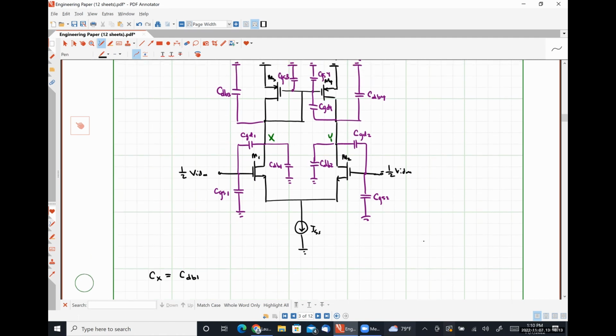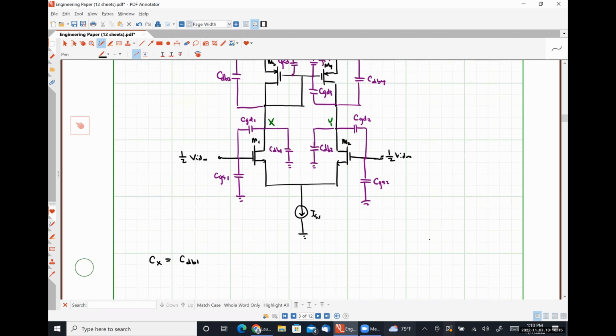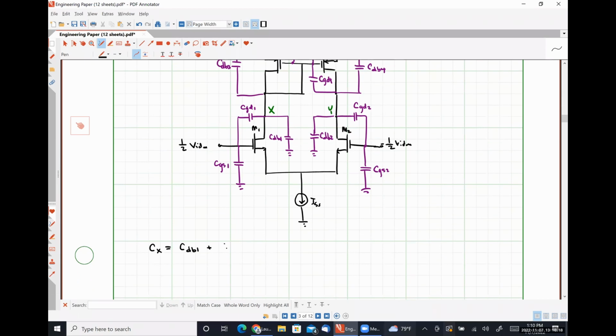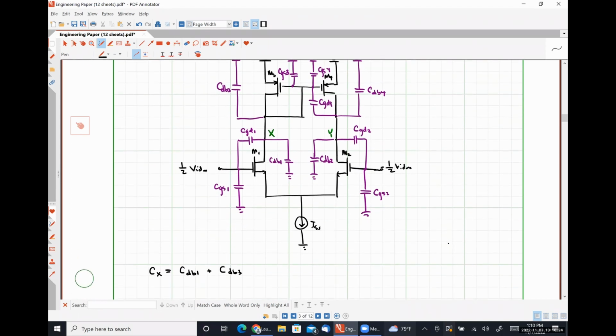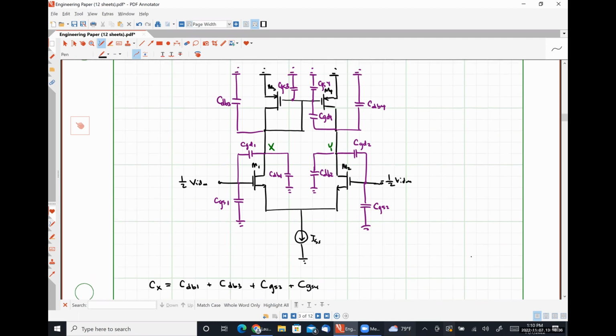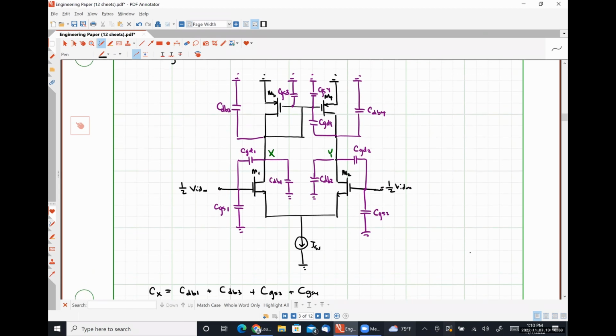CDB3 is obviously between node X and ground. CGS3 is obviously between X and ground. And CGS4 is obviously between X and ground.